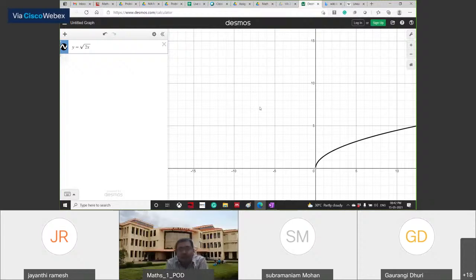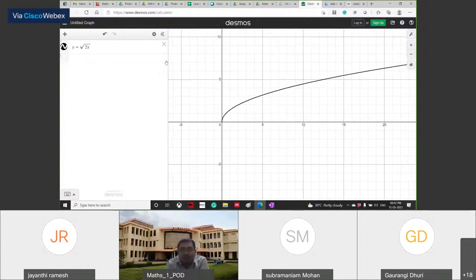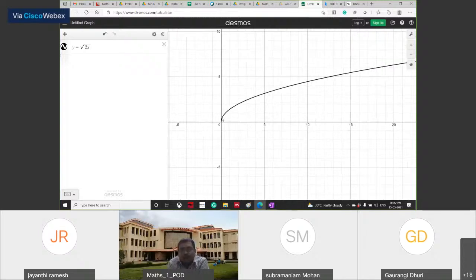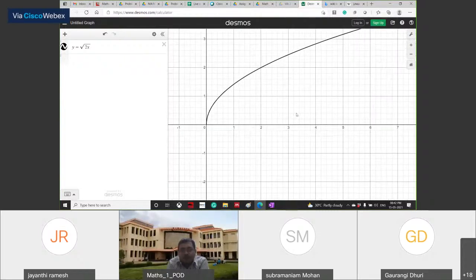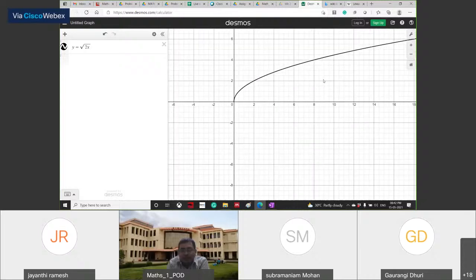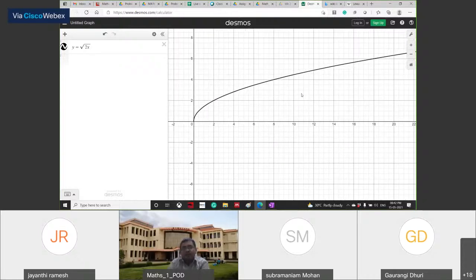Okay. Now, what is the domain of that? You can see that the domain of the function starts from 0 and goes up as far as you like. So for the case of root 2x, the domain is greater than or equal to 0, right?